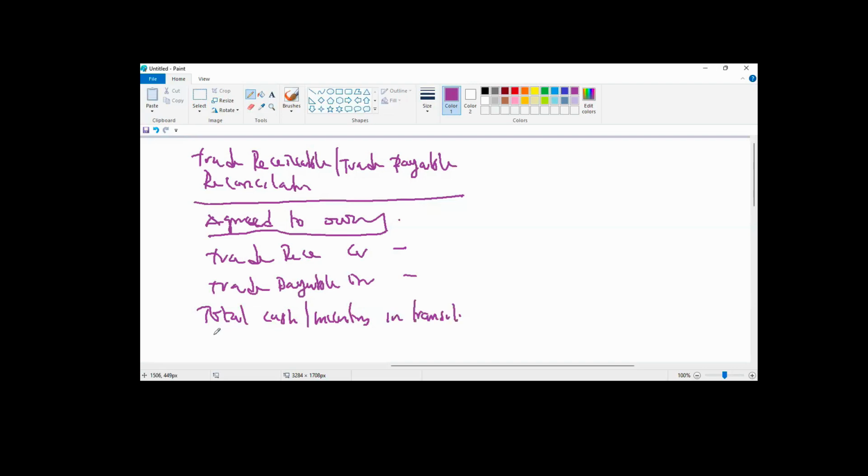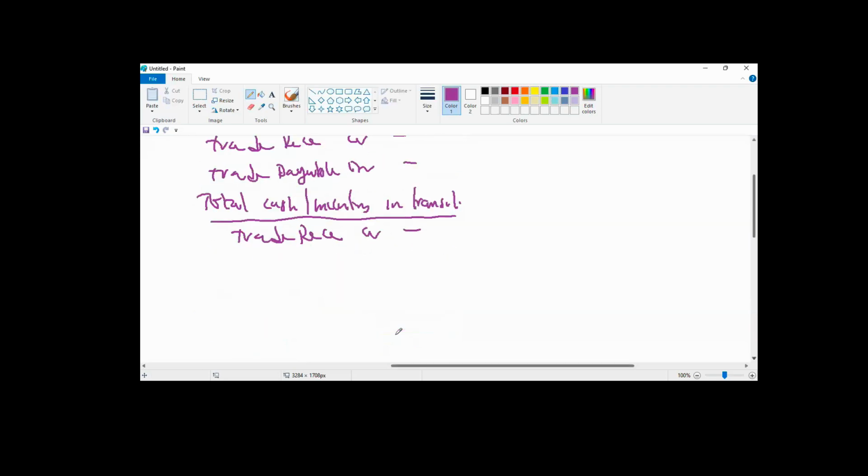Trade receivable, credit, by a single entity, then the total cash or inventory, debit. This is the second one. Third one, parts in transit.